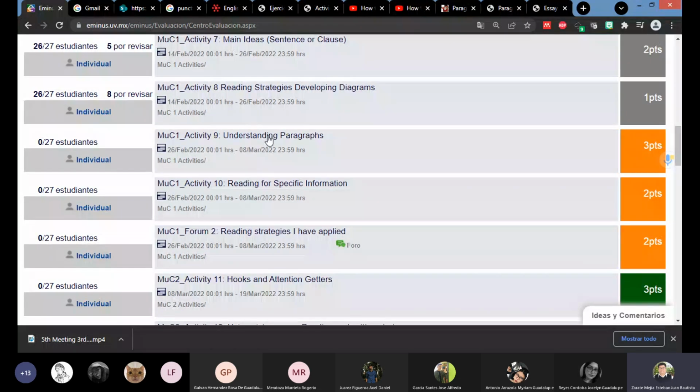Lo que es entender los párrafos, leer información específica y de ahí luego participarán en el foro y cuáles son las estrategias que ustedes han aplicado al momento de leer. Eso es lo que estarían realizando para esta semana y parte de la que viene. Máximo el 8 se entrega.